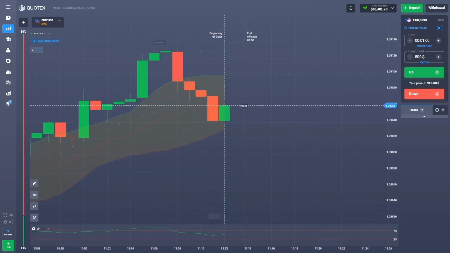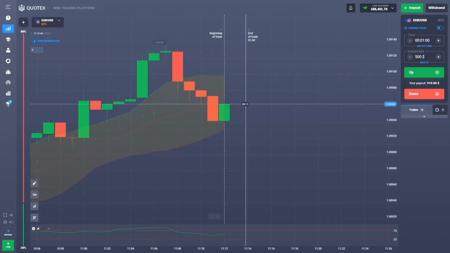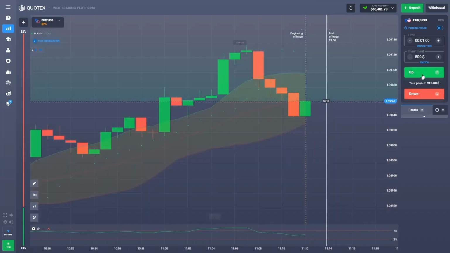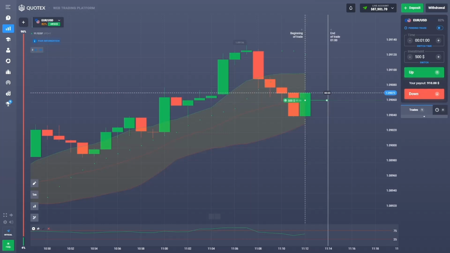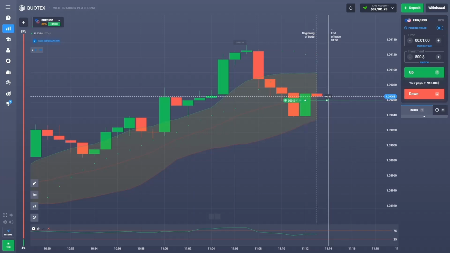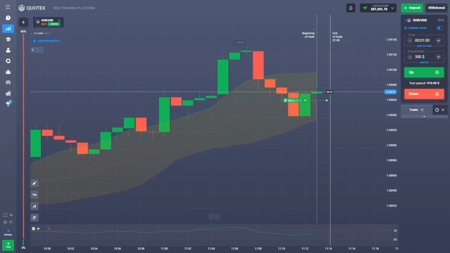So let's take a look here. We'll keep investing $500. Here I'm predicting that the market is creating another green candle and it's going up. The market will keep going up. In this case, even with the red candle, I'm expecting a smaller red candle, but it's a profitable trade.